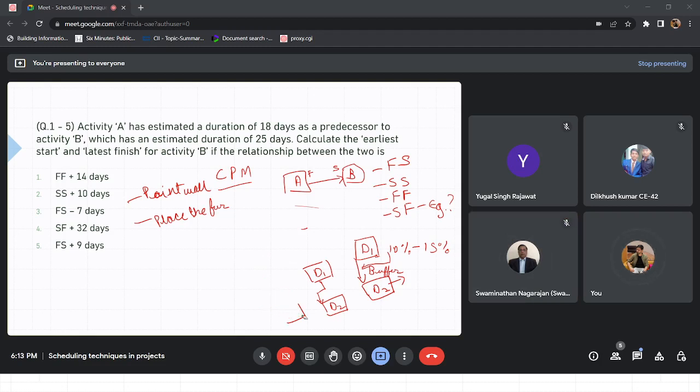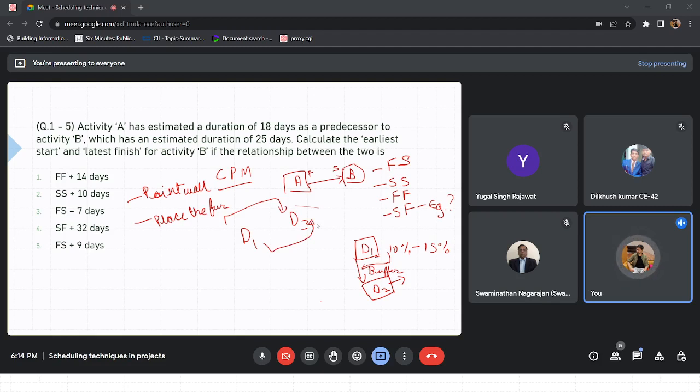Okay. So as we saw in the case of D1 and D2, we have got a start to start relationship and finish to finish relationship also. You will see this quite often in practice: when one of these appears, the other one appears as a pair. It is not necessary, but it happens.